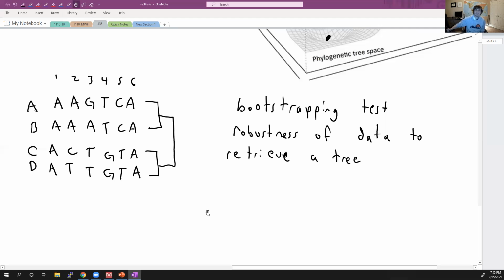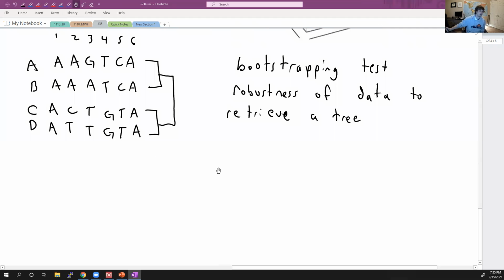And so how bootstrapping works is by sampling columns. Bootstrapping is going to work by sampling columns at random with replacement for the length of this alignment. So we have 6 positions, and so in our first bootstrap replicate, we have to sample columns from this matrix 6 times.